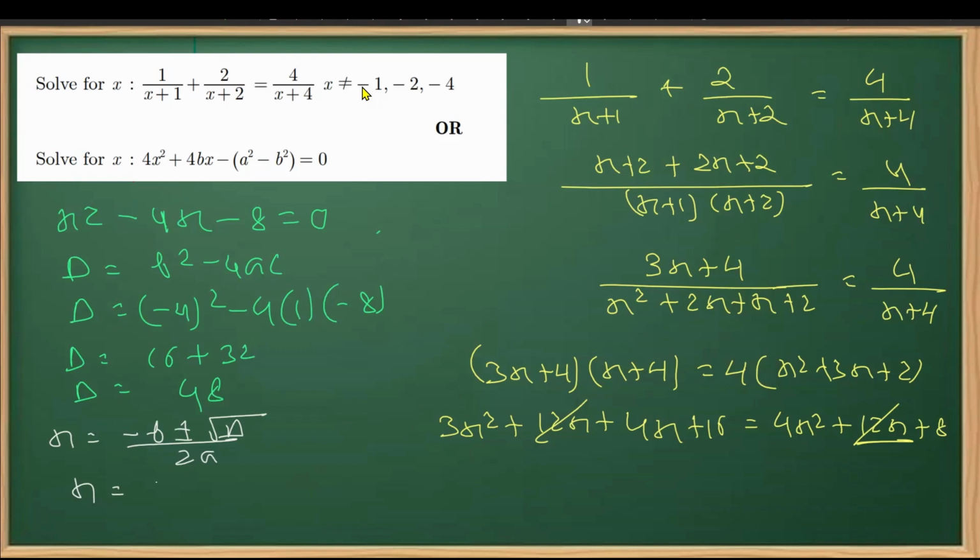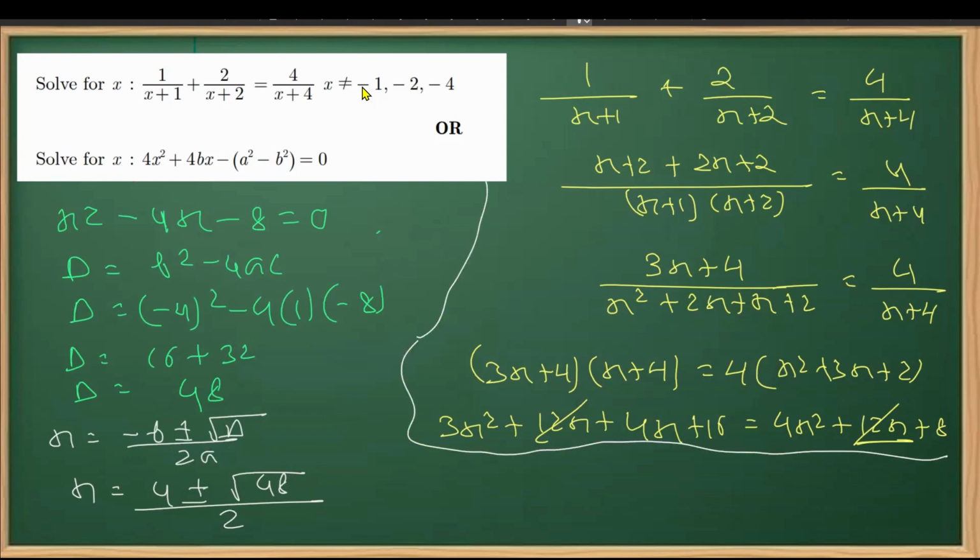So minus b gives 4 plus minus under root D, which is 48, that whole divided by 2 times a, and a being 1 here, so that is 2 only. Now, 4 plus minus under root 48: 48 is 16 into 3, and root 16 is 4. So 4 root 3 over 2.